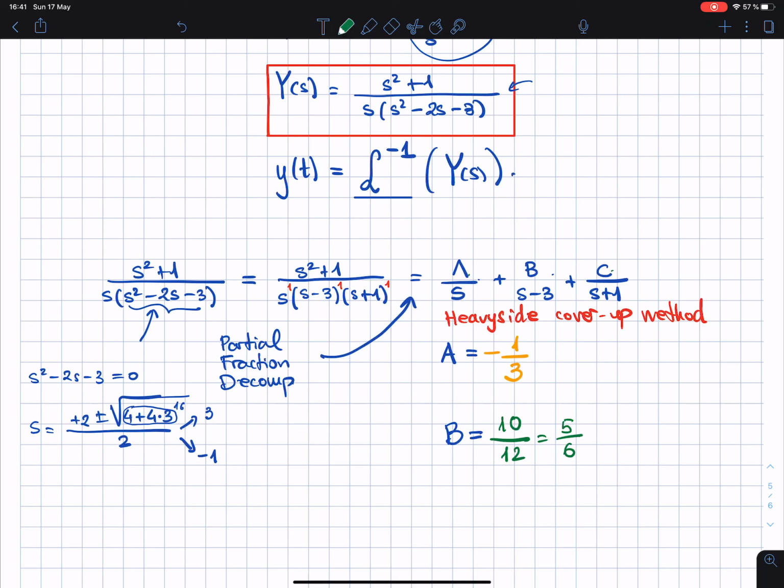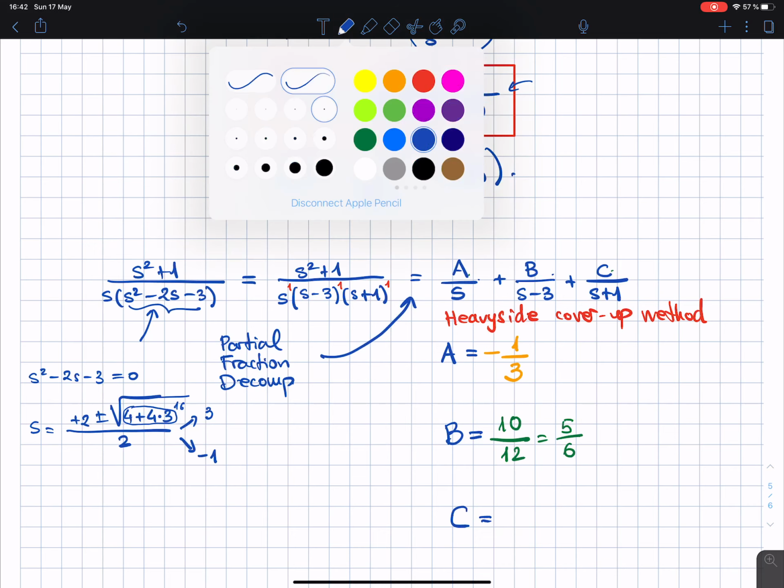Okay, now let's go to the last term, c. In order to compute c, what the Heaviside coverup method does is to multiply everything by s plus 1.